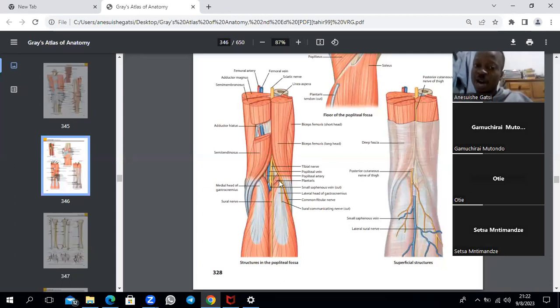And that popliteal artery, for the purposes of the leg that we are doing, it is going to divide into two. It divides the same way brachial artery divides into two, radial and ulnar. Popliteal would divide into anterior tibial and posterior tibial.